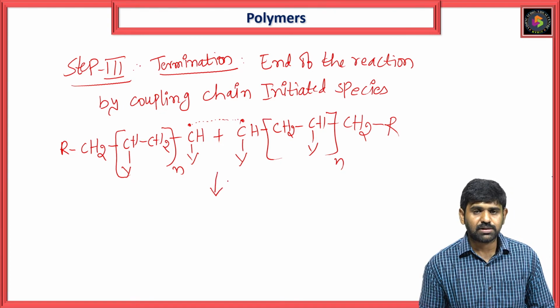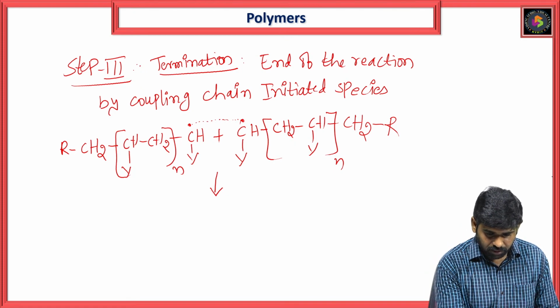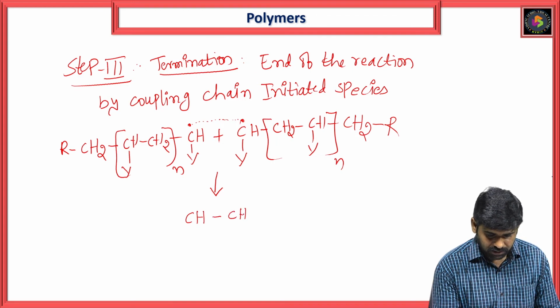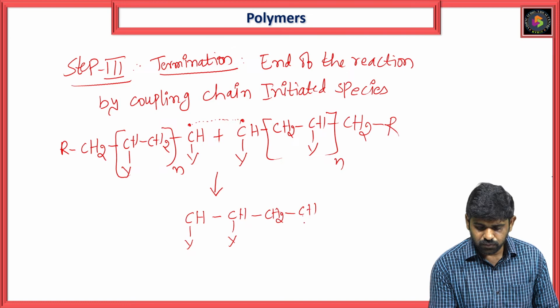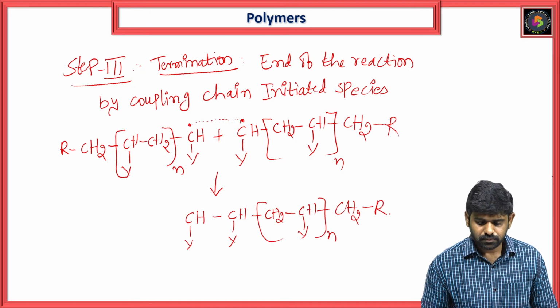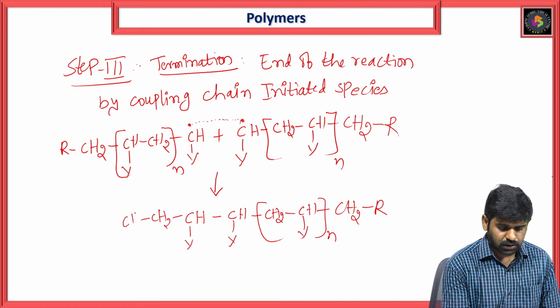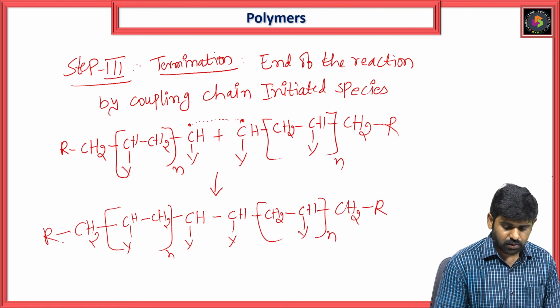The final product is a dead polymer, that is what should I write here? Bond between CH and CH, Y. Next this moiety, that CH2CHY taken N CH2R. Next CH2CHY N times CH2R, right?